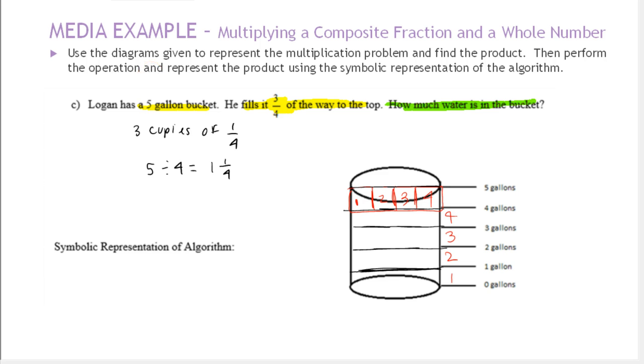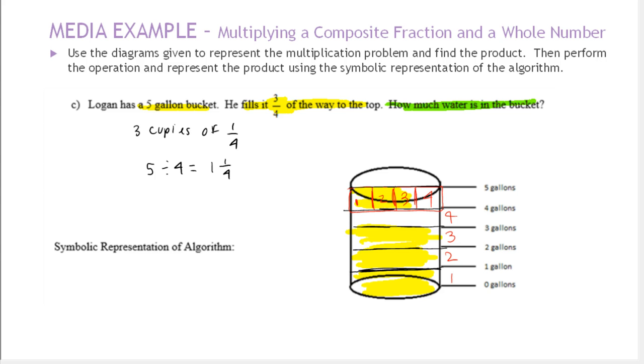So let's highlight 3 of these. Here's 1, here's 2, here's 3, and we'll also take 3 of these quarters. So we have 1, 2, 3, and 3/4 would be our result. And again, the water would fall and it would level out, but that's our number.